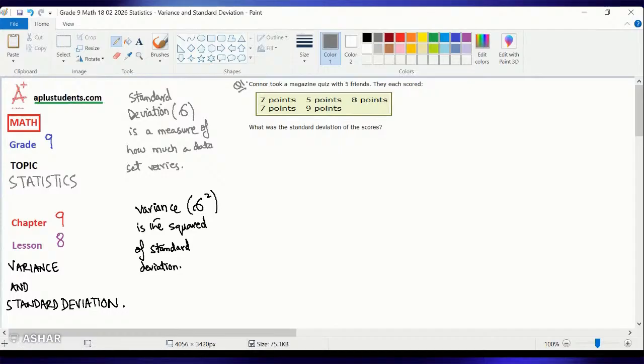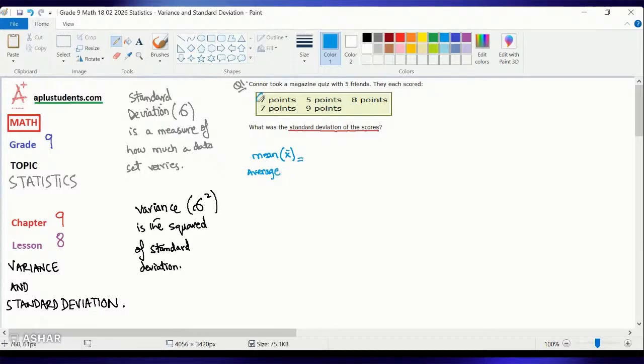Before solving standard deviation, we need to find the mean. They're asking us to find the standard deviation of the scores, so we need to find the mean. Mean is represented by x bar, and it is also known as the average of numbers.